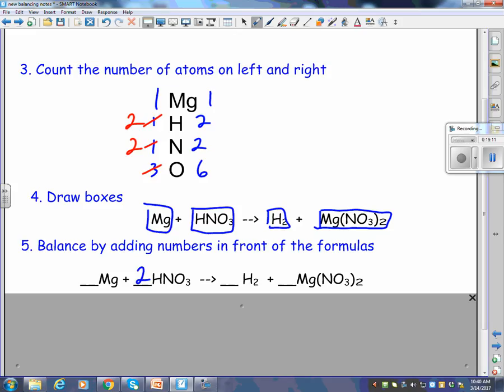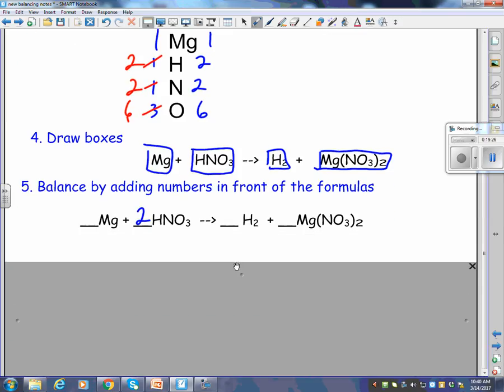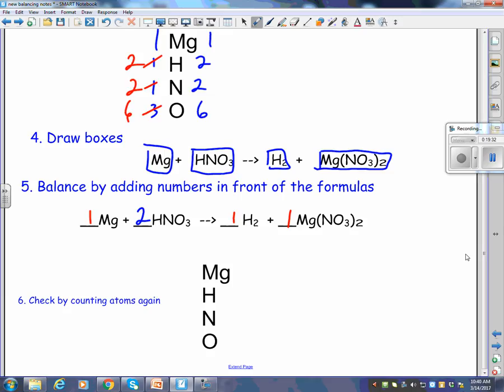Come on, you guys. 2 HNO3s, 6. And what do you know? Everything is balanced. Is that not an easy one or what? So what goes in those spaces? Well, technically it's 1s. Do you need to write them? No. Do I need to check by counting atoms again? Or I did it as I went, right?